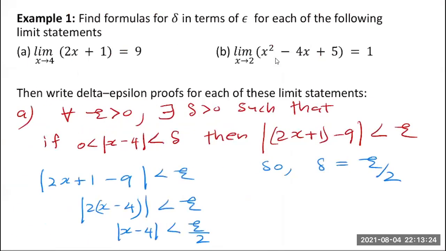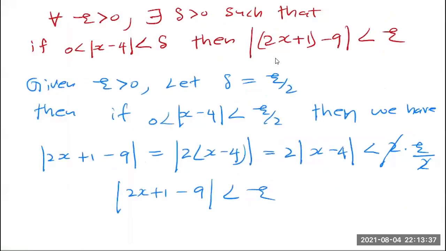All right, next, let's go to the second part. Let me copy that. Okay. First, let's write the limit statement. This limit statement means the definition. Let's write the definition.